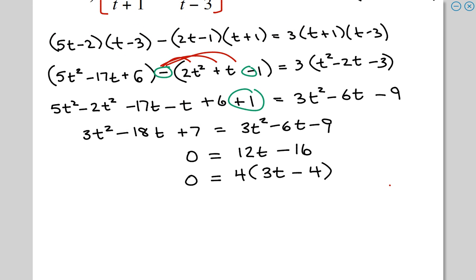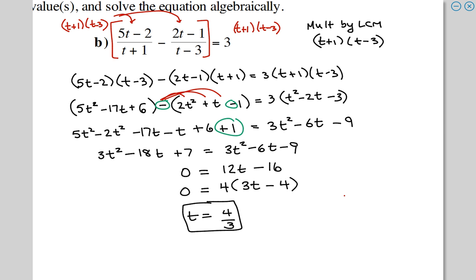So what's the answer here? T equals 4/3. Check it against the non-permissibles. T is not allowed to be negative 1 and positive 3. So this will be okay.